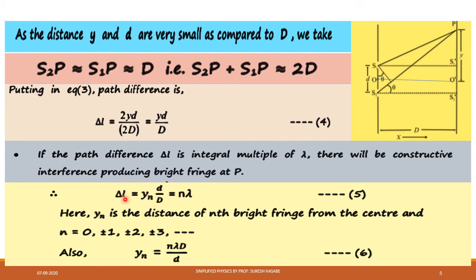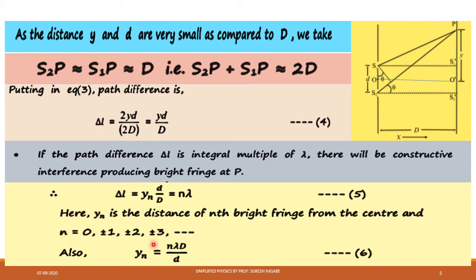Now in that equation, what does this Yn represent? Yn is the distance of the nth bright fringe from the center, and n is an integer, which means the values 0, plus minus 1, plus minus 2, plus minus 3, and so on. These are the values of n, that you have to remember.